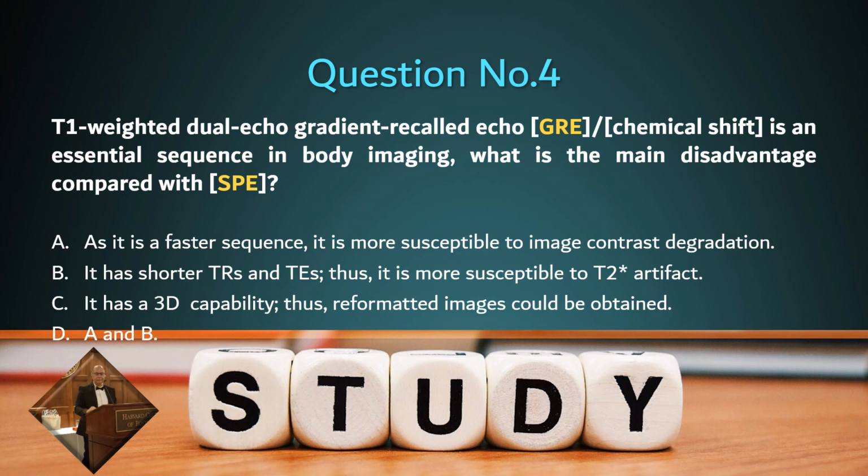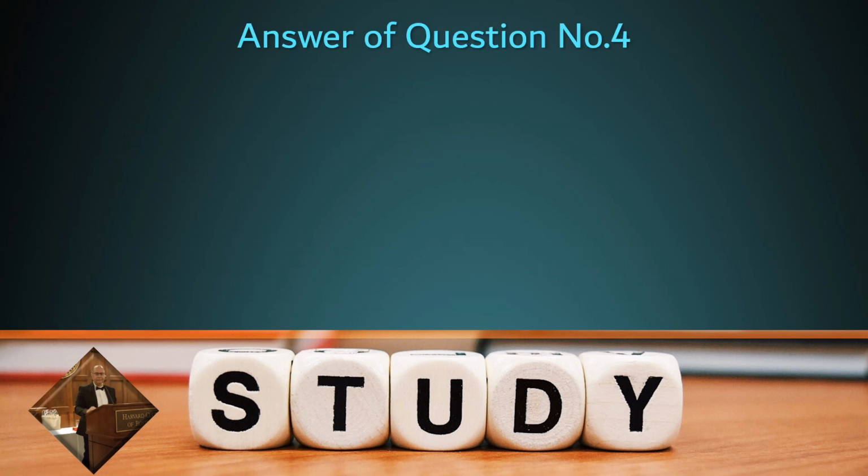It has a shorter TR and TE, thus it is more susceptible to T2 star artifact. It has 3D capability, thus reformatted images could be obtained. Or choice A and B. The answer to this question is choice D.